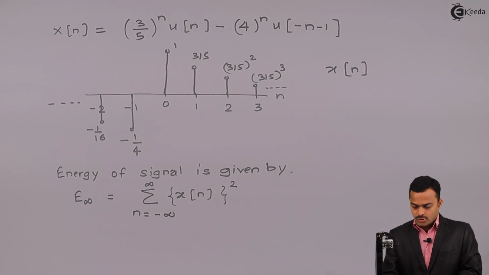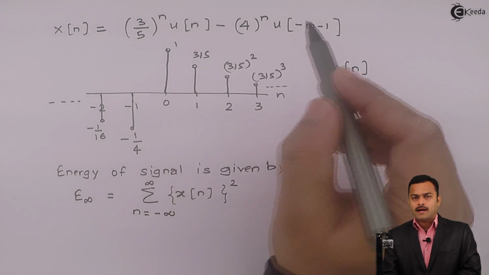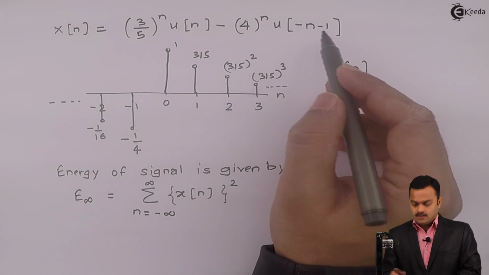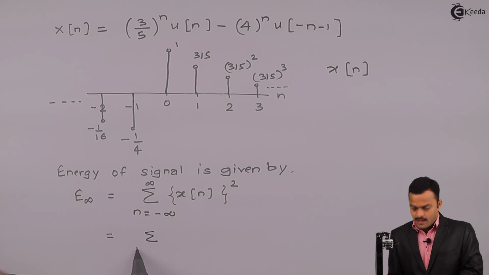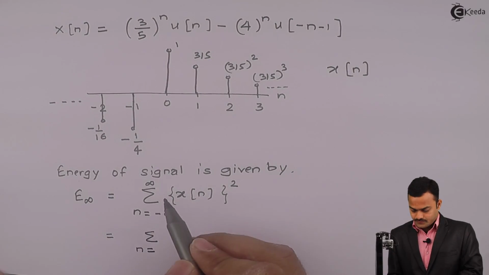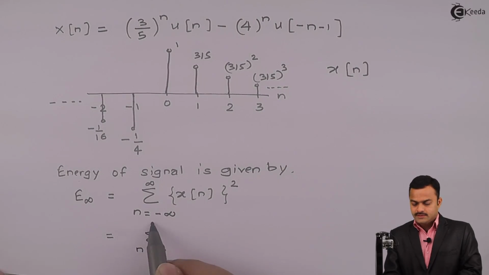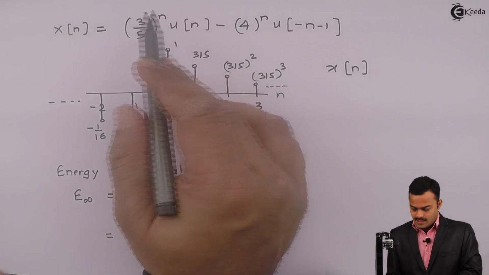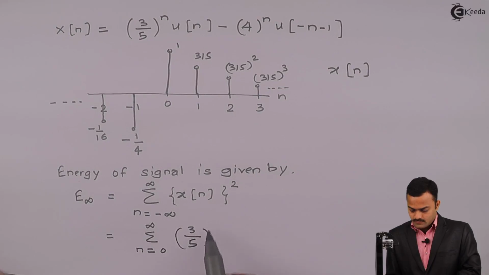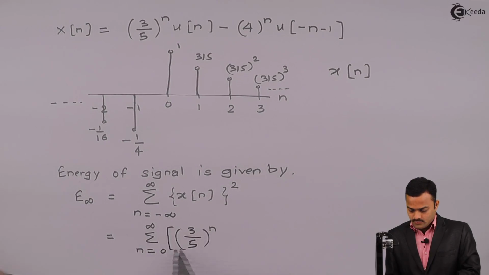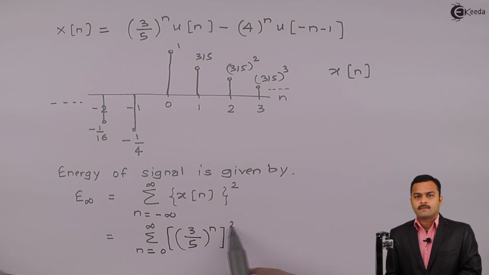Because of u of n and u of minus n minus 1, for n equal to 0 to infinity only the first signal will exist, and its square will be (3/5) raised to n whole square.